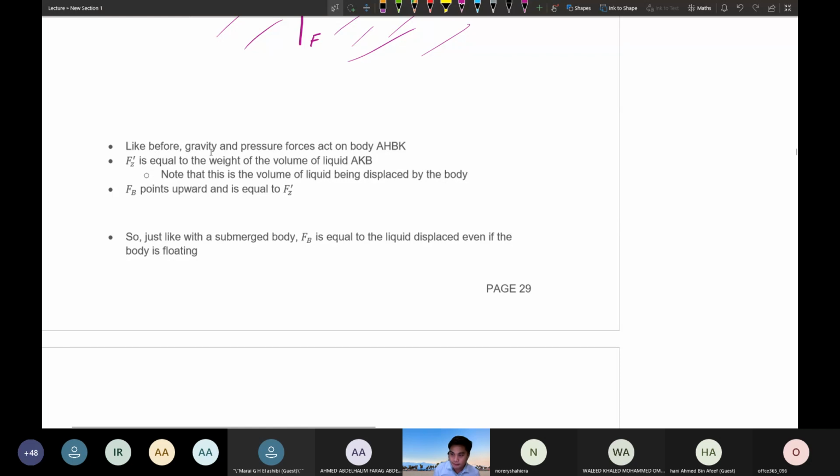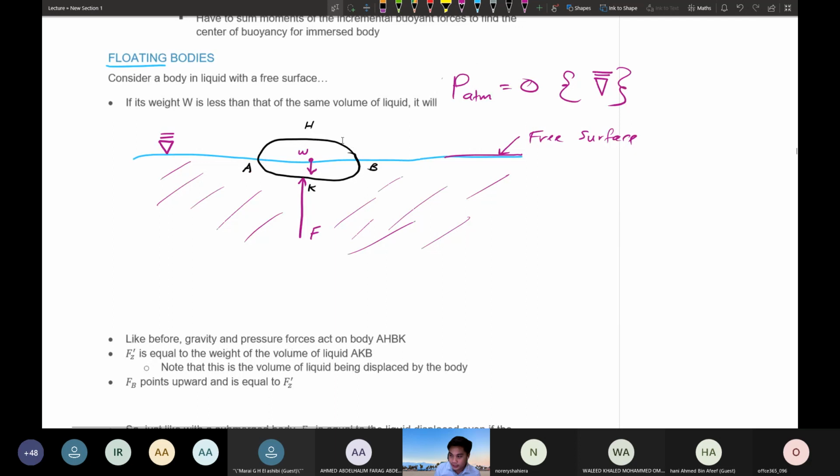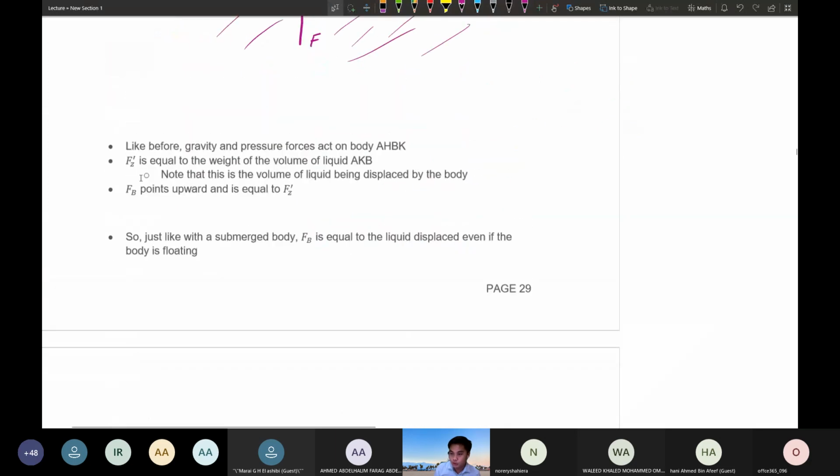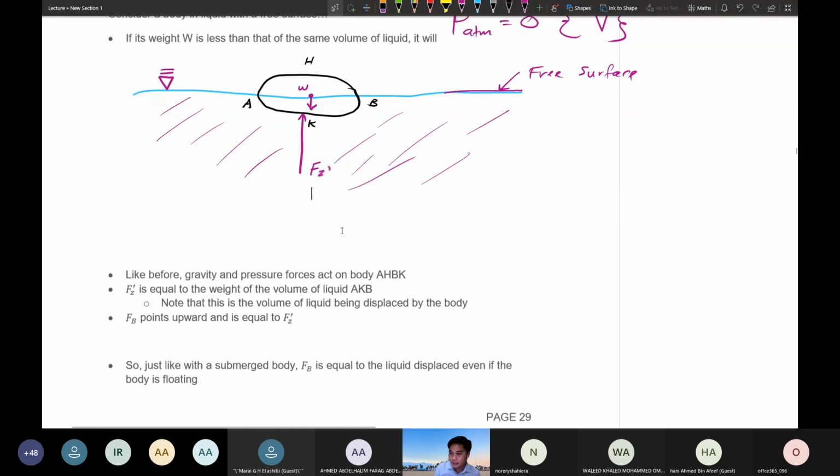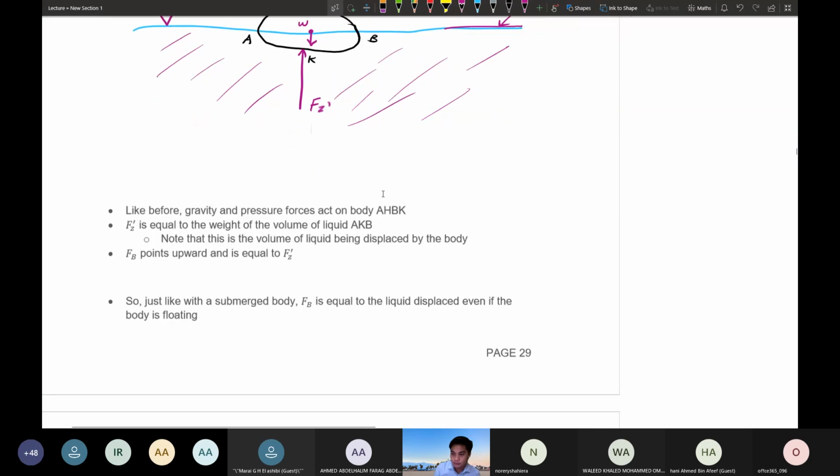Like before, gravity and pressure forces act on the complete body, AH, BK. So for this case, Fz prime equals the weight of the volume of liquid AKB. What do you understand of this?